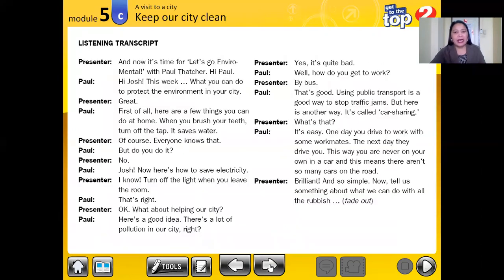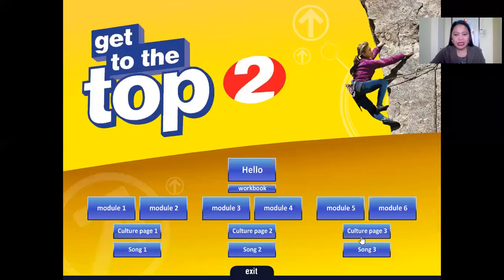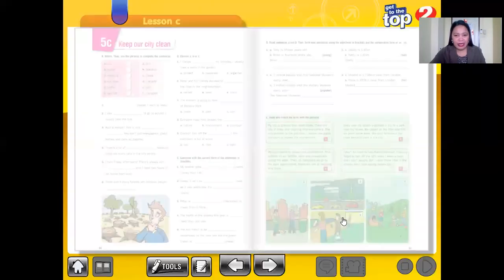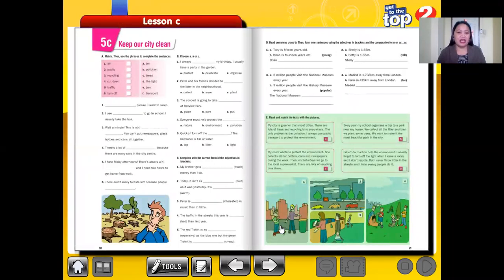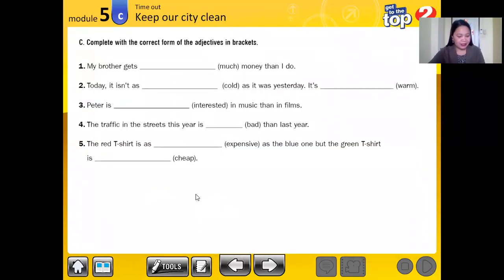All right, now let's move on to your workbook. Workbook, again, page 50. Page 50 of your workbook. So you are going to answer exercise C. Complete with the correct form of adjectives in brackets.